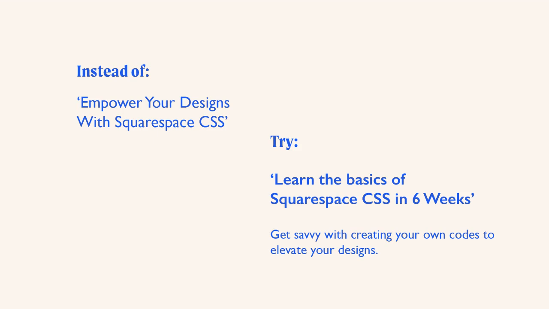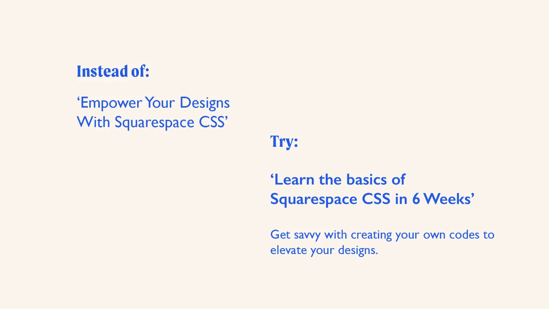I think this becomes really clear as to what level you're expecting the students to be and how long it takes. It sets up a realistic expectation of what people are signing up for. It's about basics, Squarespace CSS, so it's really targeting the beginners.